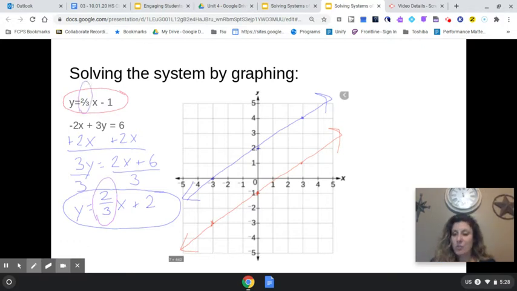We had talked previously that if we have parallel lines, they will have the same slope. So if you notice that, you can just say that there's no solution automatically. You don't even really need to graph them. So this example has no solution because, again, there's no point of intersection.